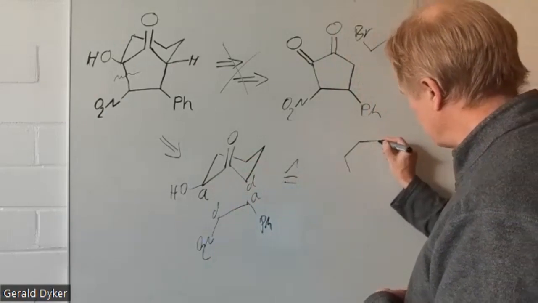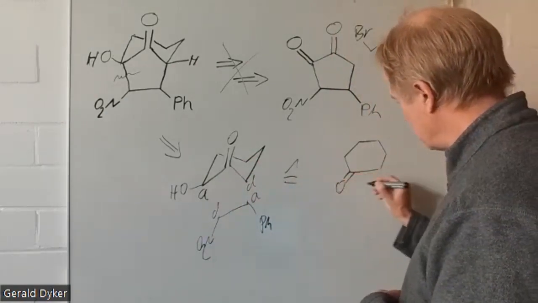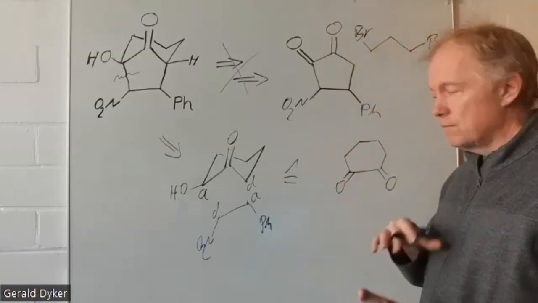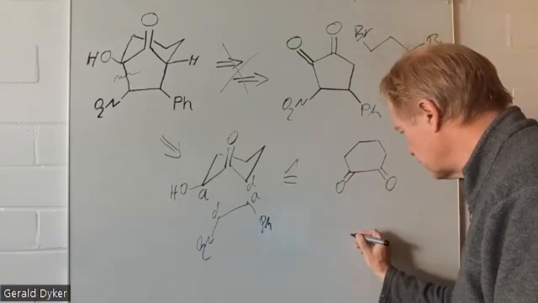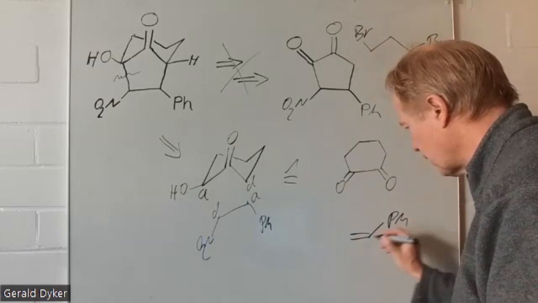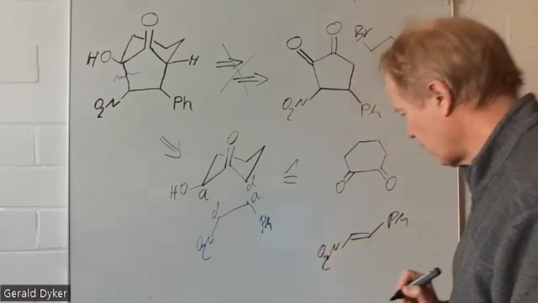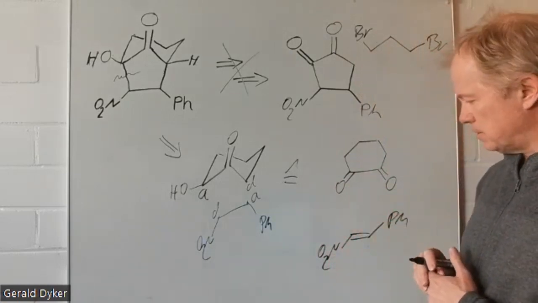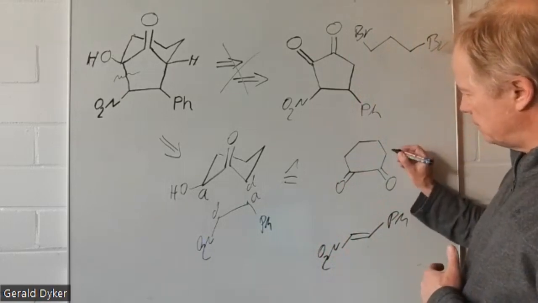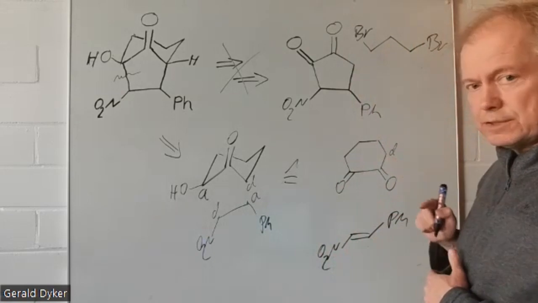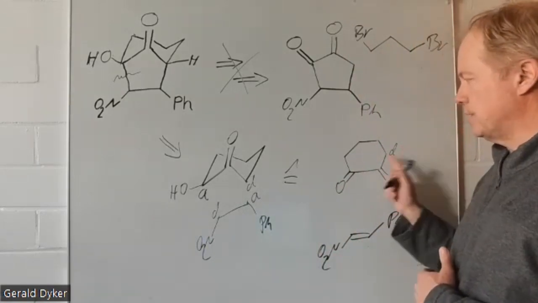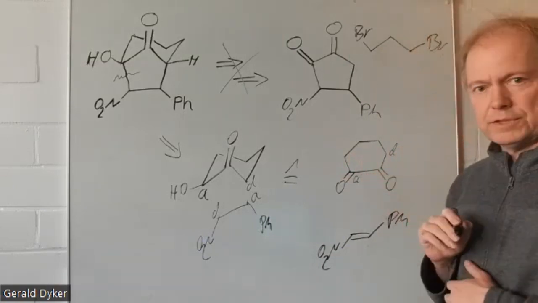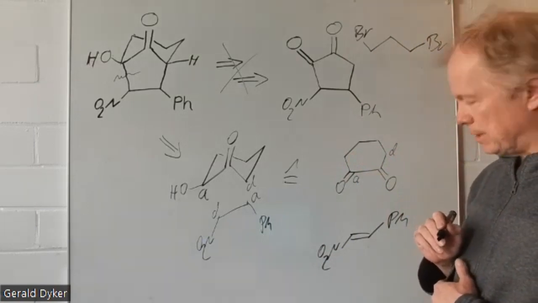It is just cyclohexanedione on the one hand, and this nitroolefin on the other hand, because we have donor reactivity alpha to the carbonyl, it doesn't matter, either this or that carbonyl, acceptor reactivity here at that carbonyl.